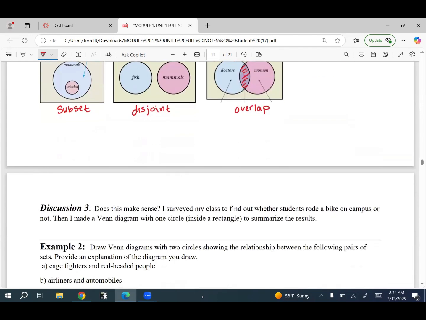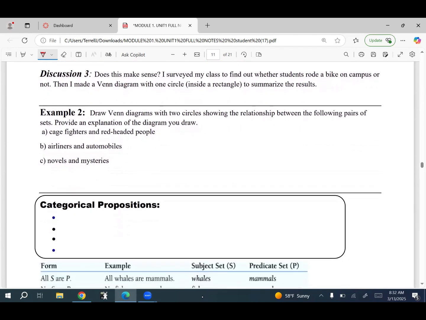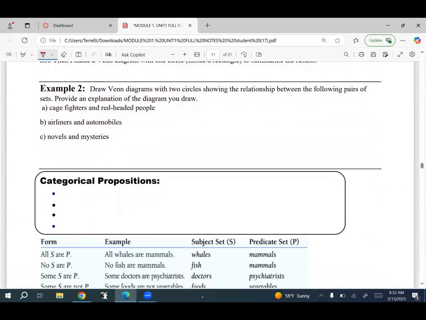And with that, let's look at example 2. We're being asked to draw Venn diagrams with 2 circles showing the relationship between the following pairs of sets. So let's look at the first one, cage fighters and red-headed people. So this is one set and this is the other. And so when I draw a Venn diagram, I want to think about, well, what are the possibilities?